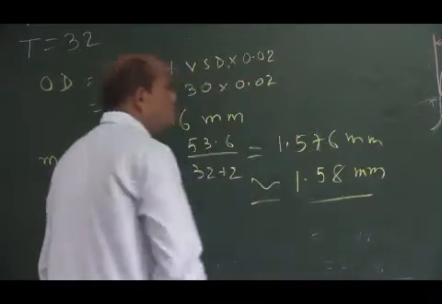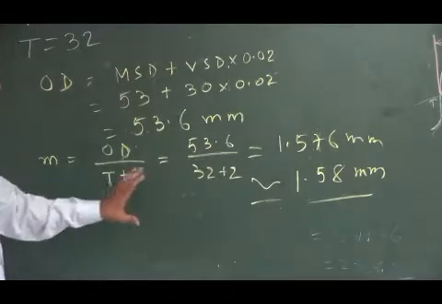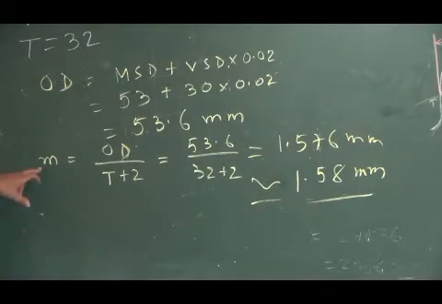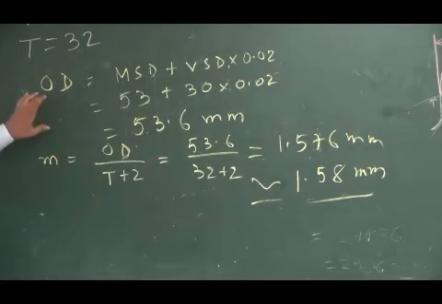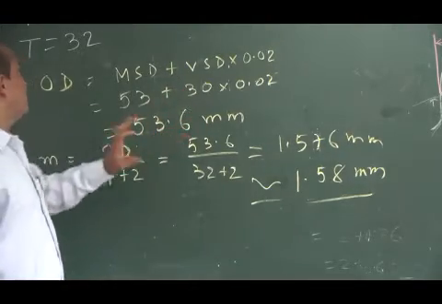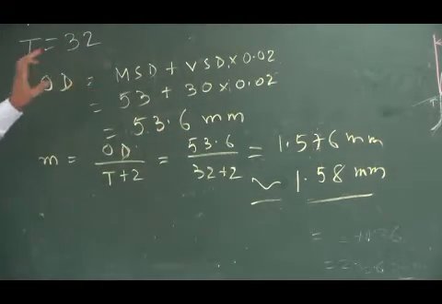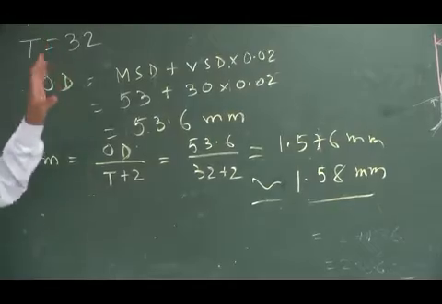So module is also known. Module is 1.58 millimeter, OD is 53.6 millimeter, and number of teeth of this gear is 32.